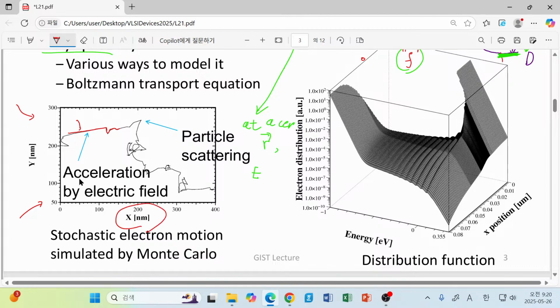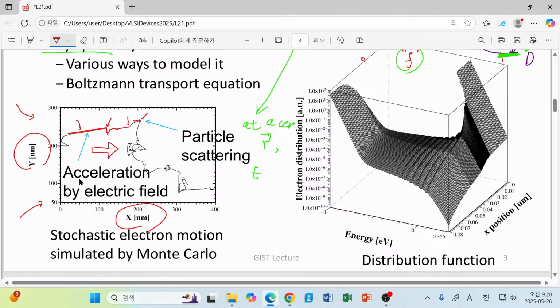This is position X and position Y. So now we are just looking at two-dimensional space, and we insert our electron, and the electron is accelerated, and at this point a scattering event happens. It certainly changes its direction, and after that the acceleration still corresponds to this direction. It is accelerated once again and scattered, and once again accelerated, another scattering. When scattering happens, it has a certain randomized velocity.